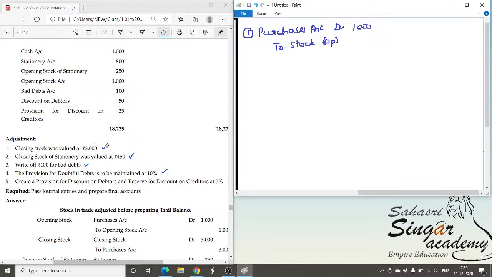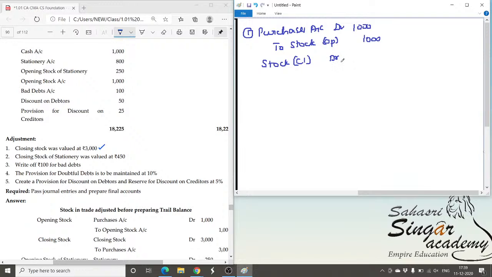And for the closing stock of 3000, the journal entry is stock closing account debit. This was already seen in the previous class, so I may post it a bit faster.